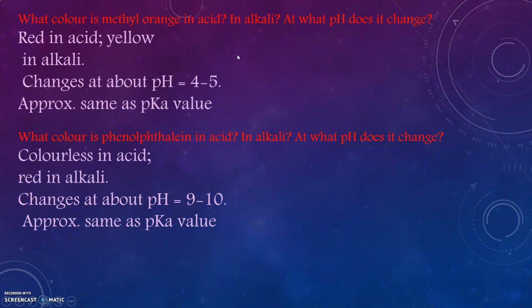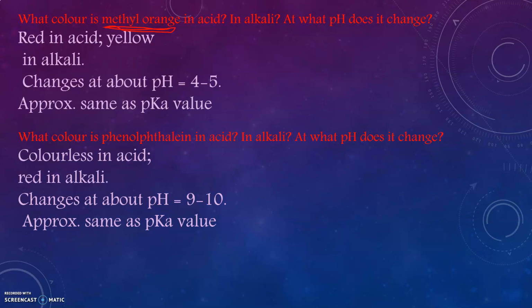Okay, now let's see. What color is methyl orange in acid? This you have known before. We said that an indicator is a chemical substance that has a distinctive, different color when it reacts with acid and base. So methyl orange is one indicator. We said we use it when we're using strong acid with weak base, right?